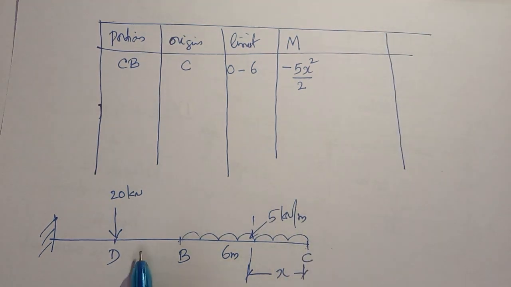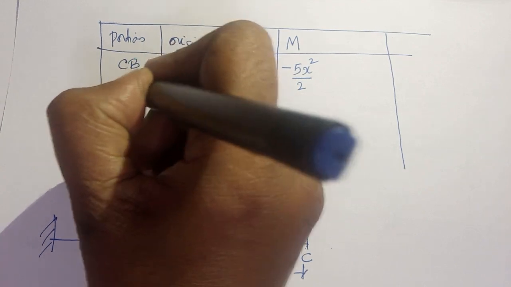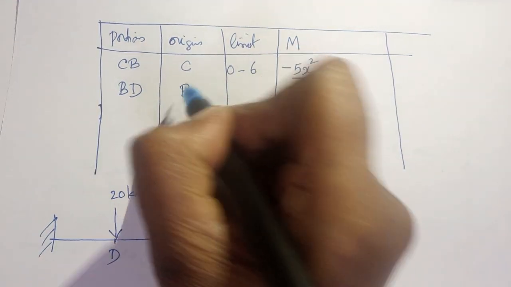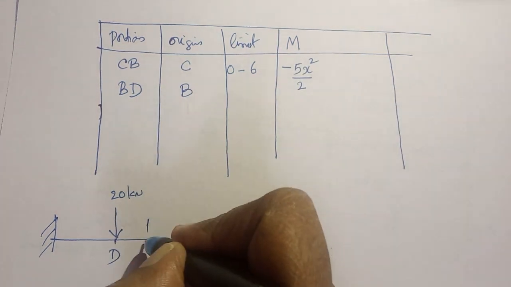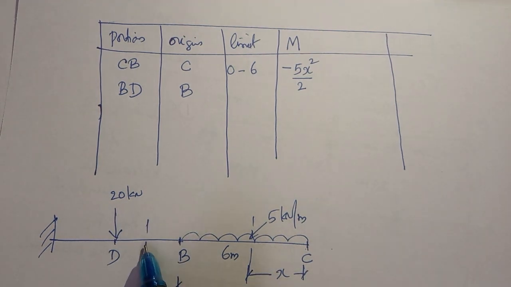Next, there will be a different expression for portion BD. So we consider portion BD and take the origin as B, because we are going to measure x distance from B. The limit is 0 to 2 meter. A total load of 5 into 6, 30 kilonewton, is acting over the previous portion, with its center of gravity at 3 meter from B, so 3 plus x from the section.